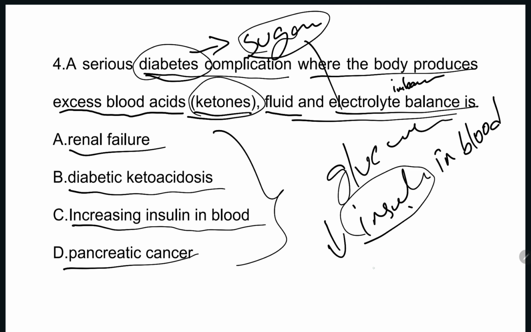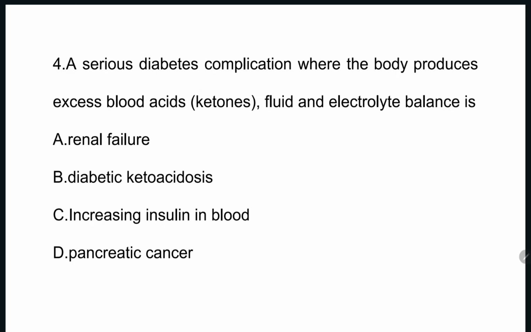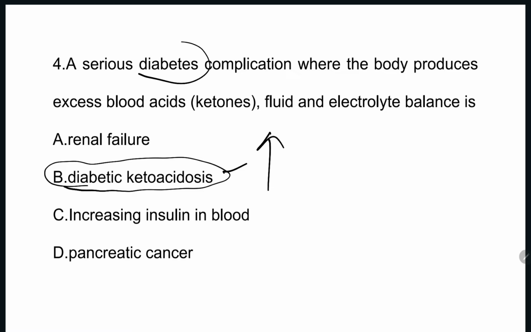It leads to the unusage of the glucose in the blood. So it leads to brain damage and other complications. So in these conditions, diabetic ketoacidosis can be developed. Okay, so diabetic ketoacidosis is a complication of diabetes.